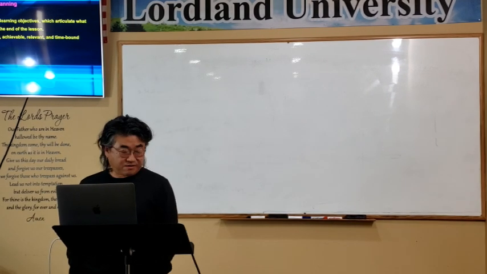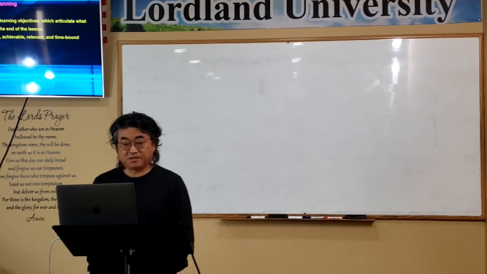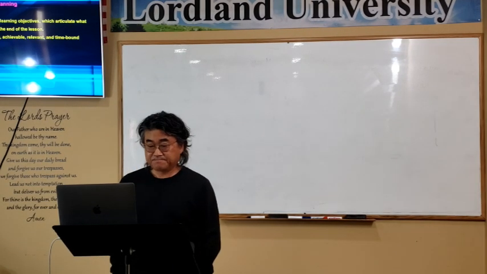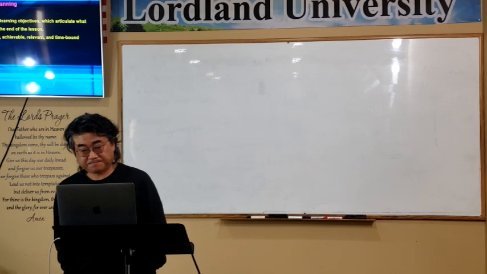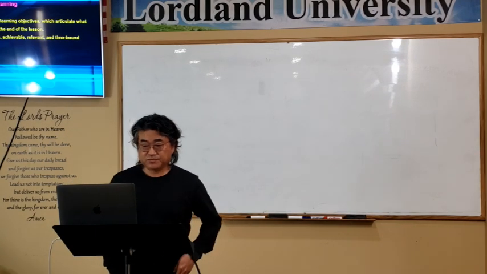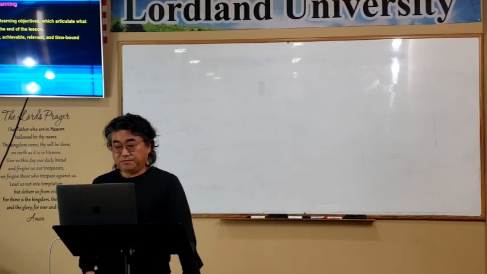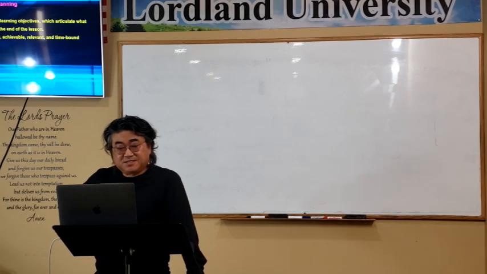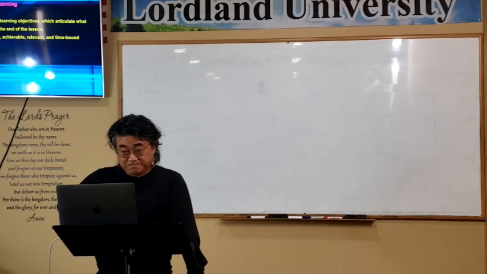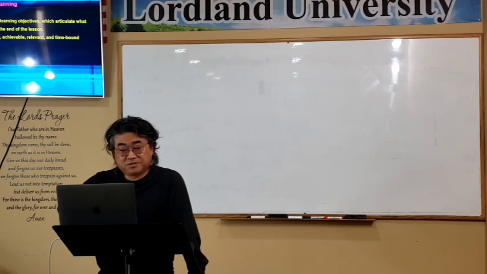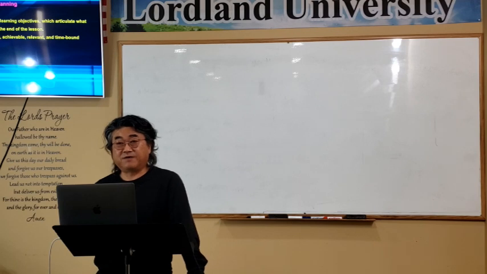Okay, let's delve more into learning objectives and standards. Okay, lesson design begins with clear, defined learning objectives, which articulate what students should know or be able to do by the end of the lesson.